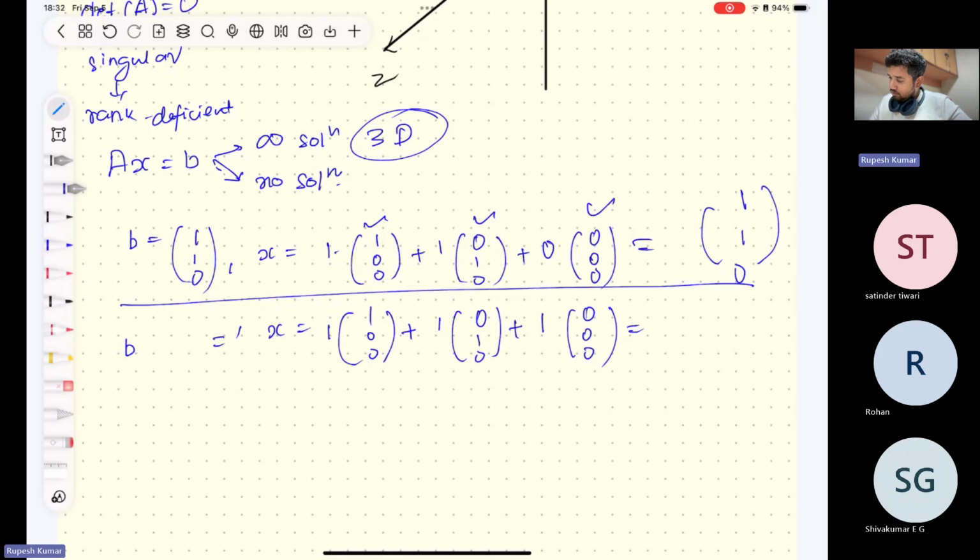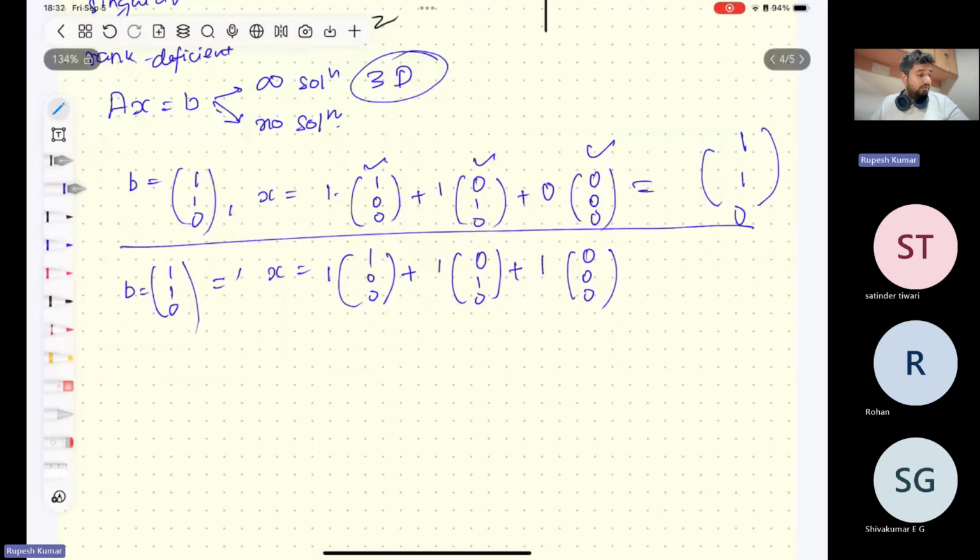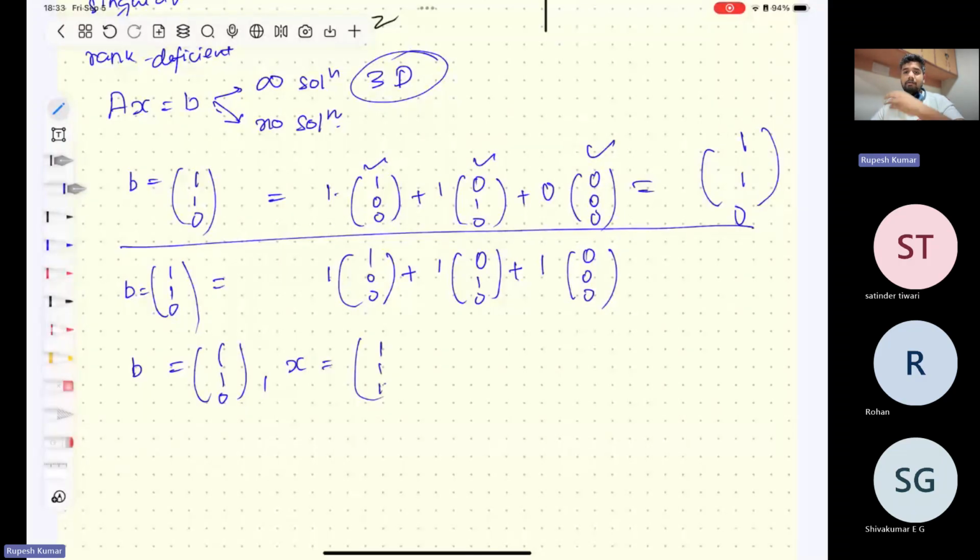Do you agree, everyone? So this is again the same B, right? 1, 1, 0. In fact, you can always write B as the combination 1 0 0, 0 1 0, 0 0 0 such that x equals 1, 1, K, where K can be any real number, even imaginary.